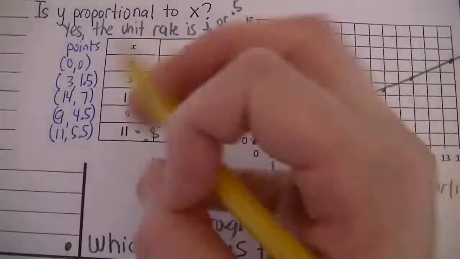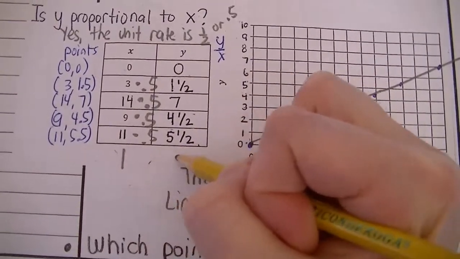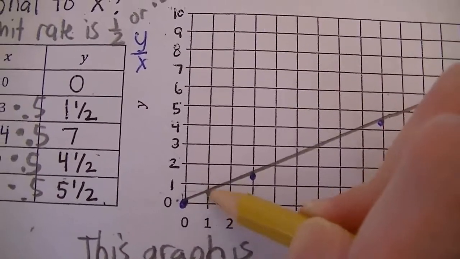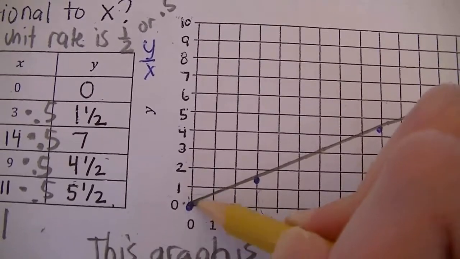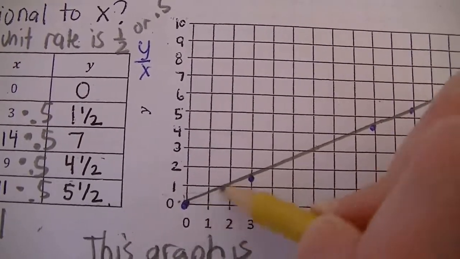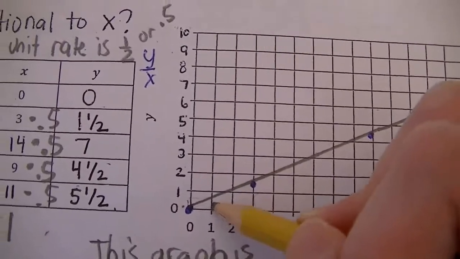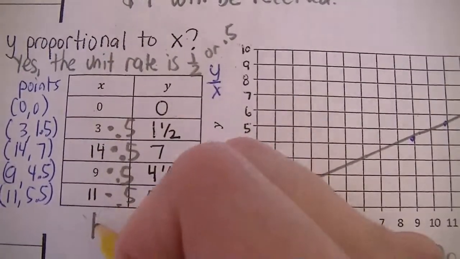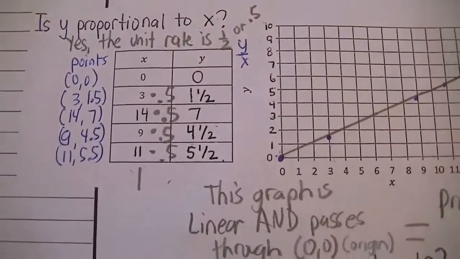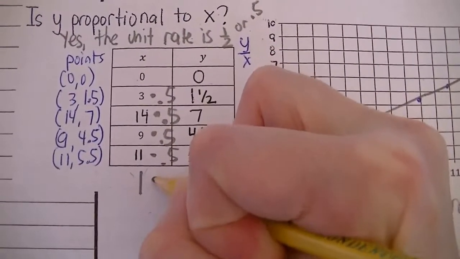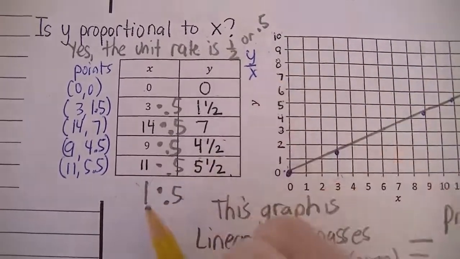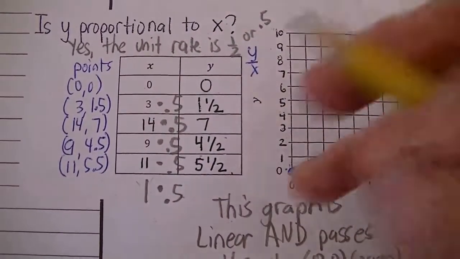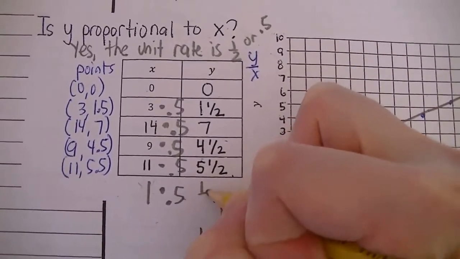Okay, which point is the unit rate? Well, when x is 1, the corresponding y value will be the unit rate. When I look up here, I can't exactly tell what that is because my graph could be a little bit off with my elbow holding the ruler. So just to be safe, I'm going to plug it into the table. When x is 1, the corresponding y value will be the unit rate. So I'm going to multiply this by 5/10. So 1 times 5/10 is 5/10, or 1/2, same thing.